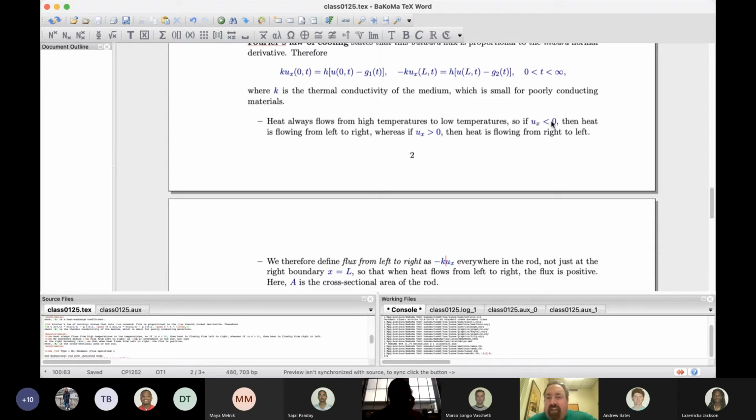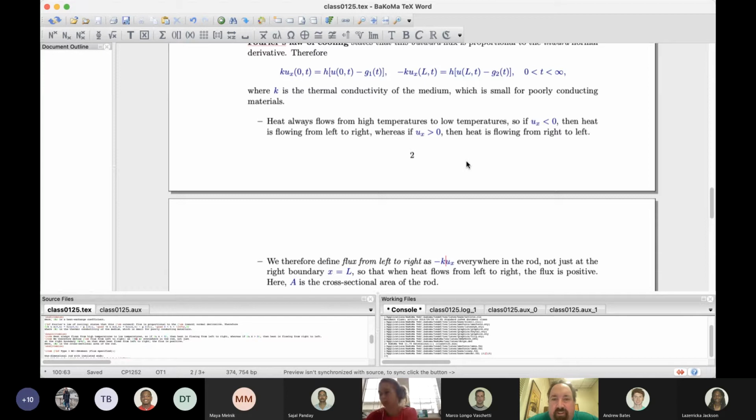The temperature is decreasing as we go from left to right. And because heat's flowing from high temperature to low, then we have heat flowing from left to right in that case. And then multiplied by minus K, when we have heat flowing from left to right, then flux from left to right will be positive. So that's why it's defined that way, to be consistent with the fact that heat always flows from high temperature to low.